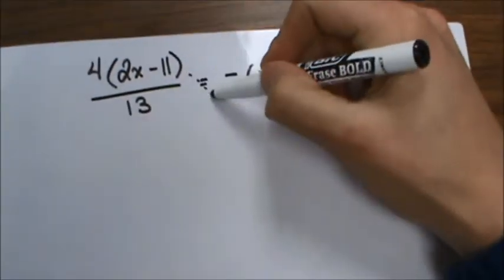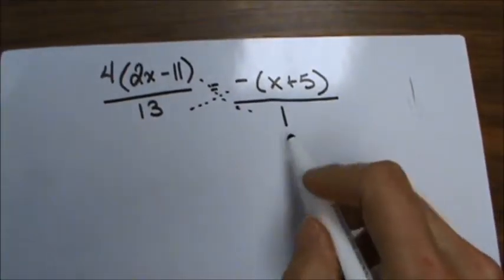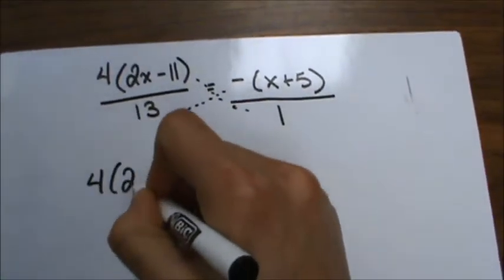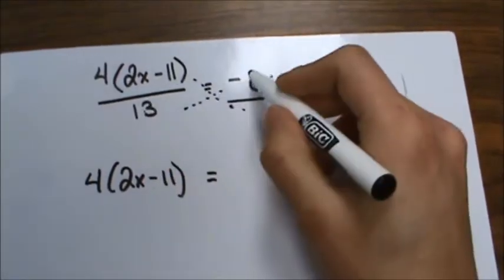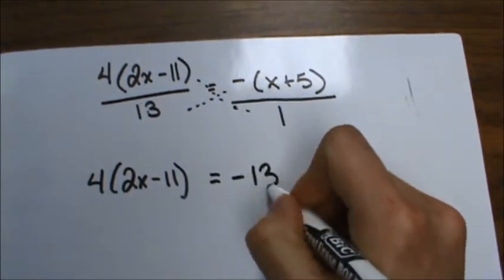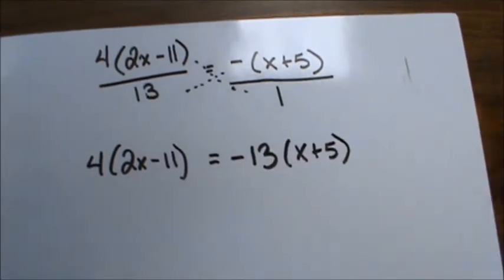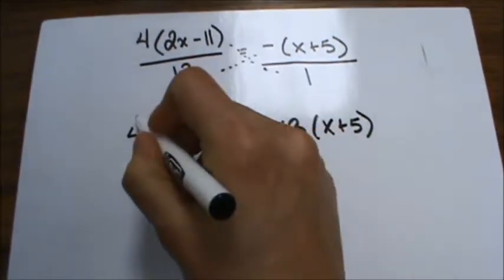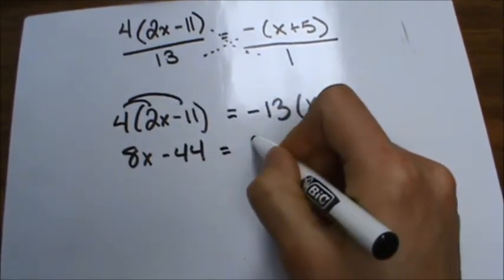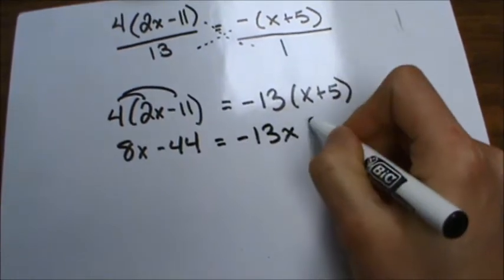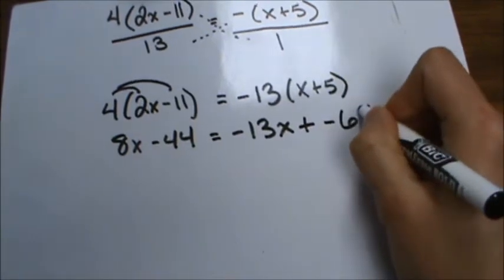Now I can see my cross multiplying. So I have 4 times 1 is just 4. And then my set in parentheses. And I have 13 times negative 1, so I'm going to make that negative 13 over x plus 5. Now I just need to distribute and solve. 8x minus 44 equals negative 13x plus 5 times 13, I believe that is negative 65.